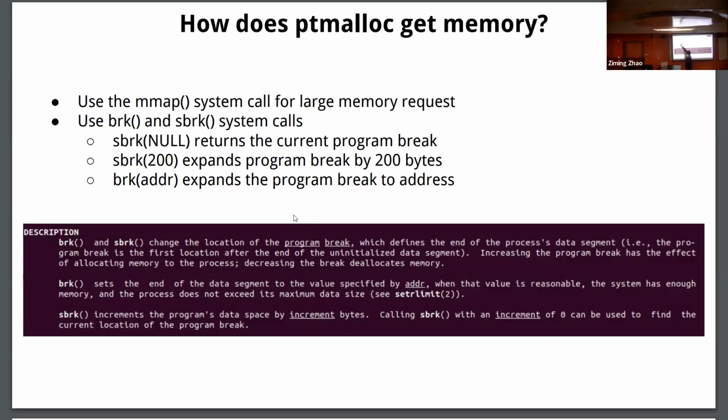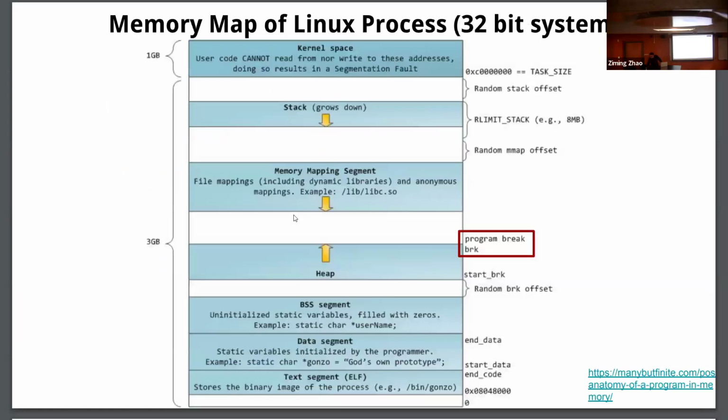Okay, anyway, brk and sbrk. So the sbrk system call, if you give a parameter 0, will return the current program break. That's a concept, the program break, which we saw at the very beginning of the class.